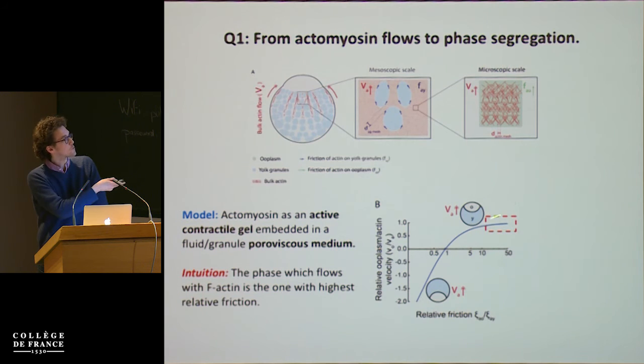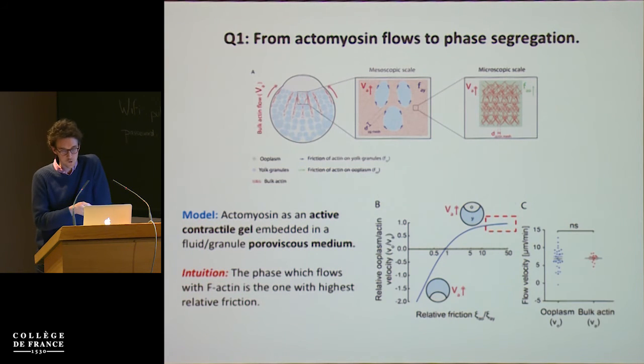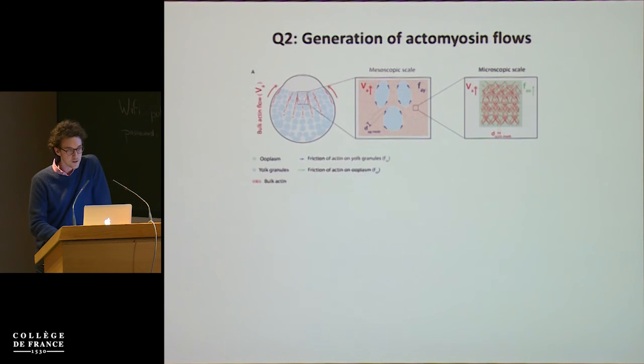So that suggests that we should be in this region of the phase diagram, and therefore that the velocity of actin and fluid should be exactly the same, which you can validate. That's not so surprising, right? They went together, but actually their average velocities indeed cannot be distinguished, which validates that we're around here.